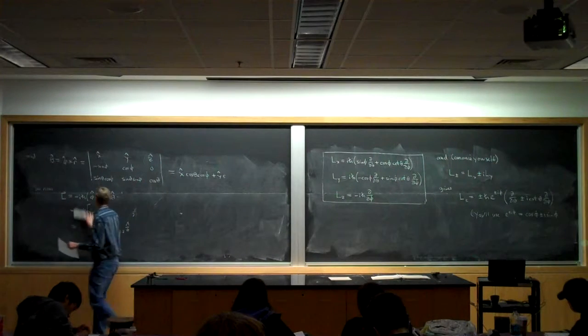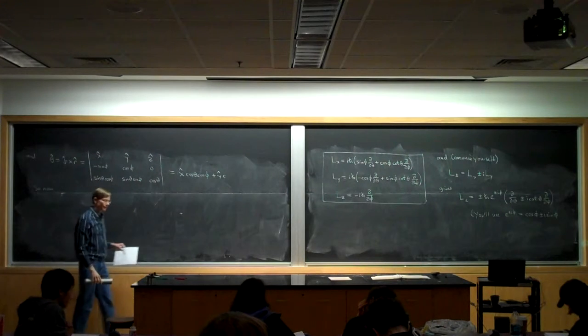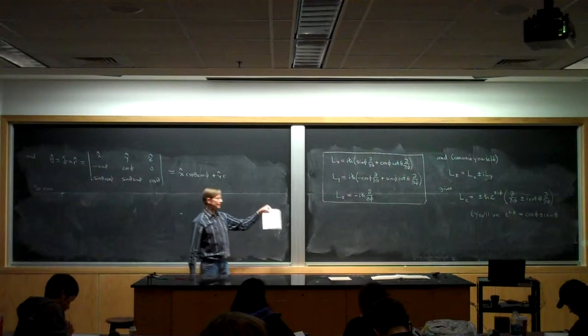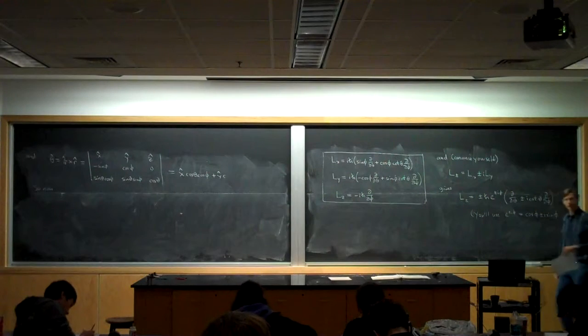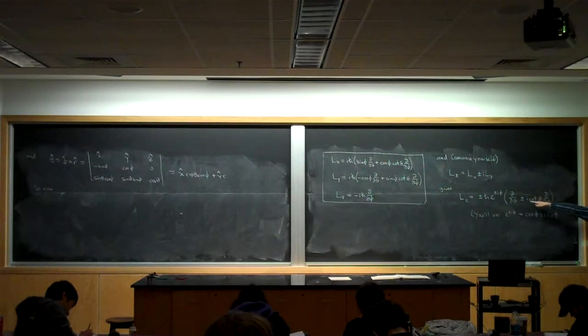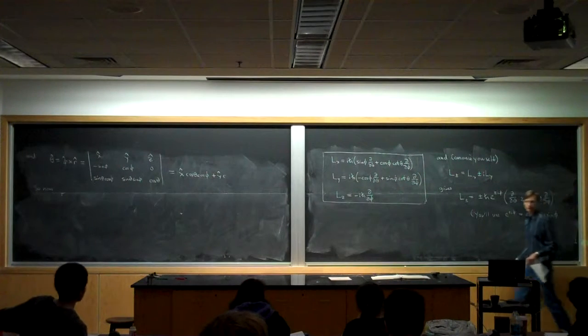Which is great, because that's what we're going to need. If we could find what the l,l state is in terms of spherical coordinates, and we will, you can keep hitting it with L minus written like this in order to generate all the other states.